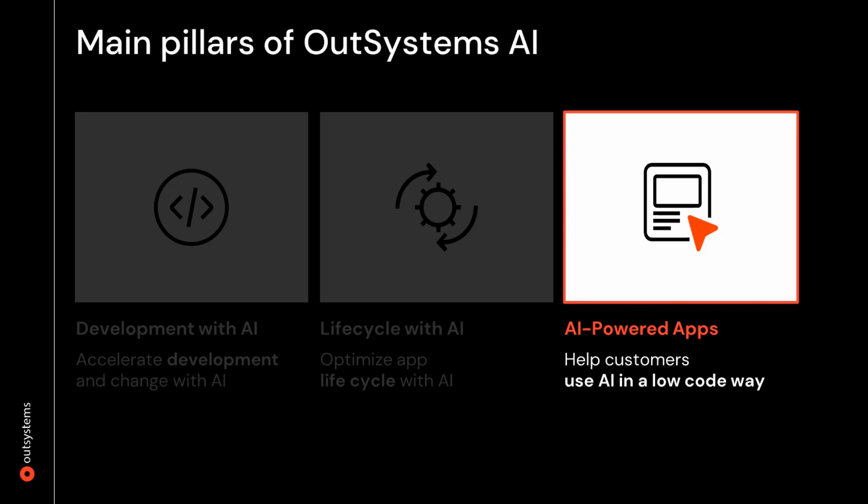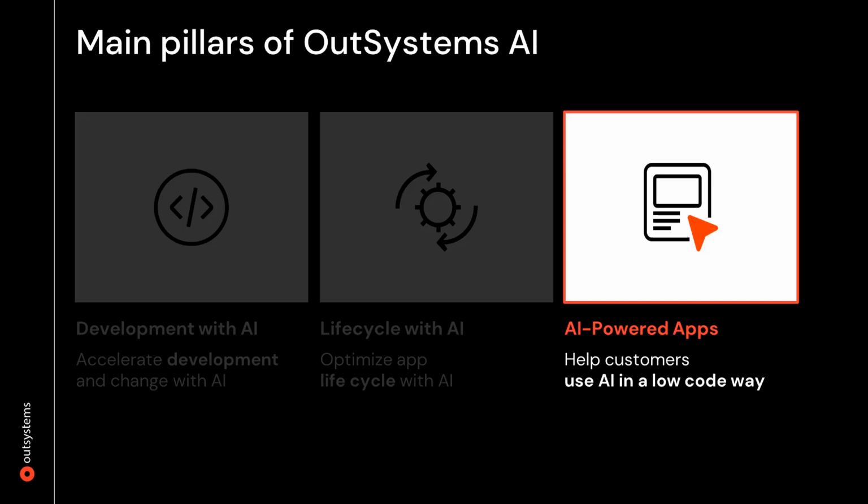Before we get too far into the details, I think it's important to mention that AI Agent Builder is part of a larger AI initiative that consists of three main pillars of success. The first pillar is really about the built-in features for the developer that accelerate development. An example of this is the AI-assisted coding features that guide the developer as they're building applications. The second pillar of success is about implementing AI all throughout the software development lifecycle.